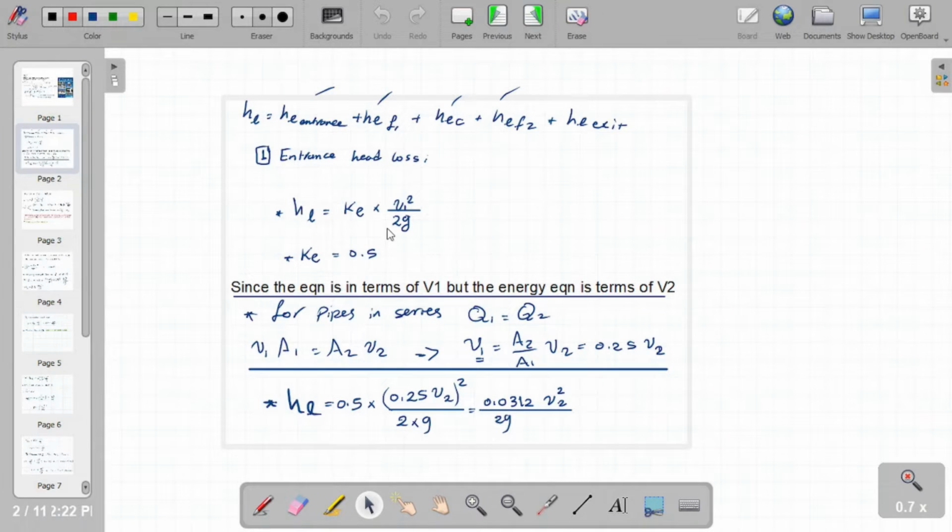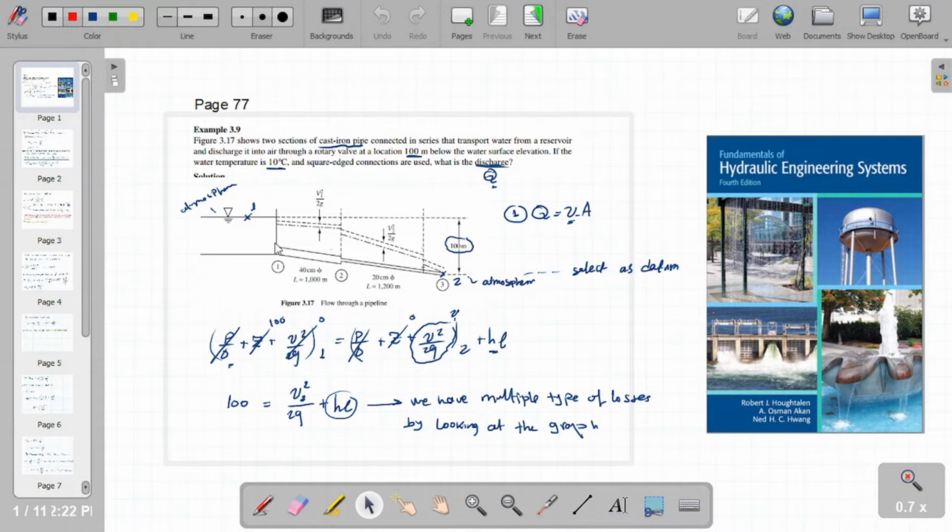Now the entrance head loss formula is: the head loss is equal to KE, the entrance head loss coefficient, times the velocity in the pipe squared divided by 2 times the gravity acceleration. Now the entrance head loss coefficient is 0.5. How do we find it?